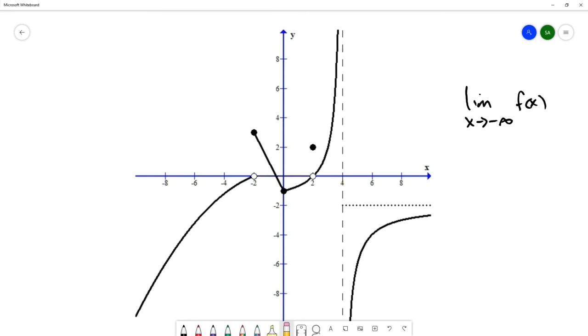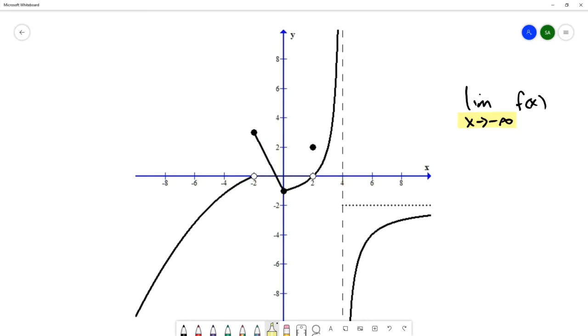So on this question, we want to use the graph to answer this limit question. We want to find the limit as x approaches -infinity of f of x. X approaching -infinity tells me which portion of the graph to use. So I'm going to look at the x-axis as my real number line and think about the portion of the x-axis that's being described.